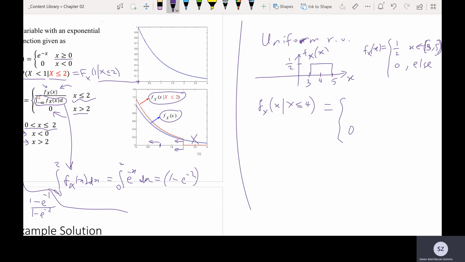So it's 0 for x larger than 4, and 0 before, for x less than 3. What do we put here for x between 3 and 4?